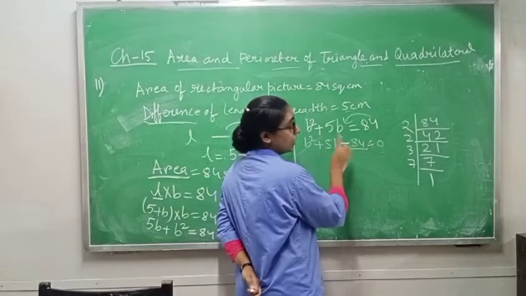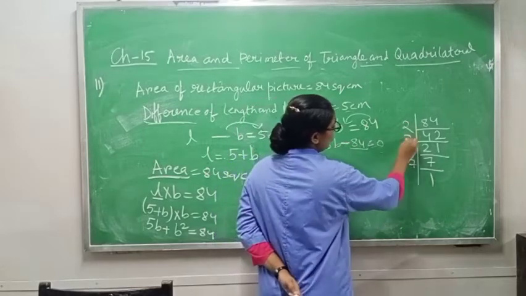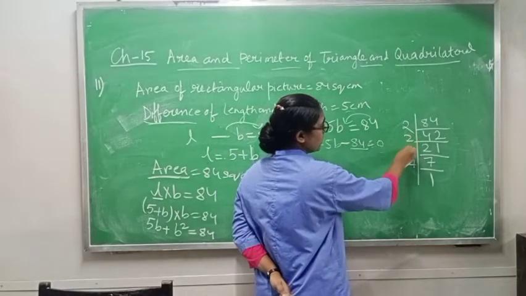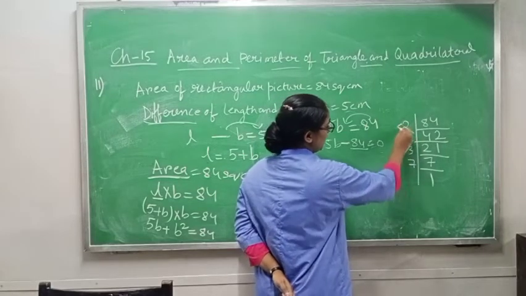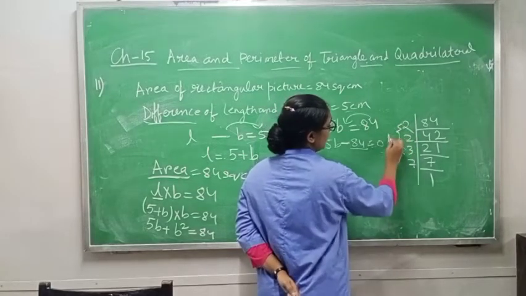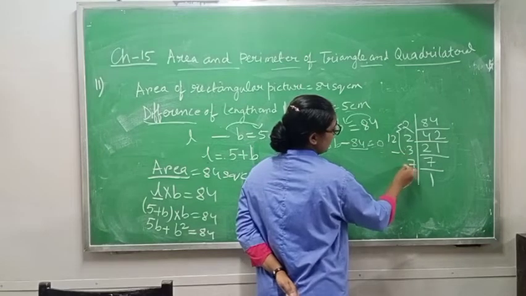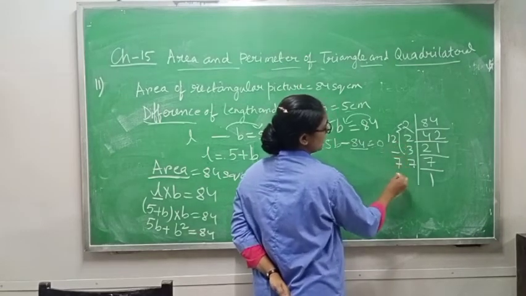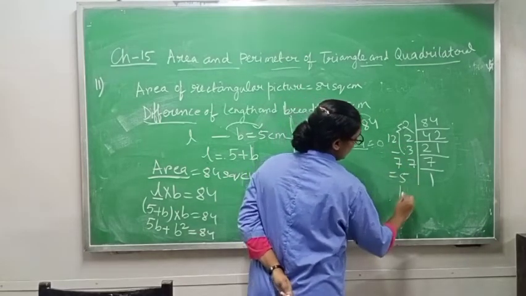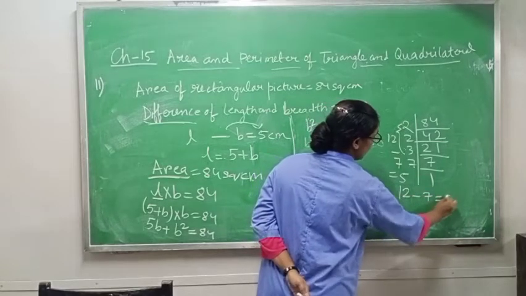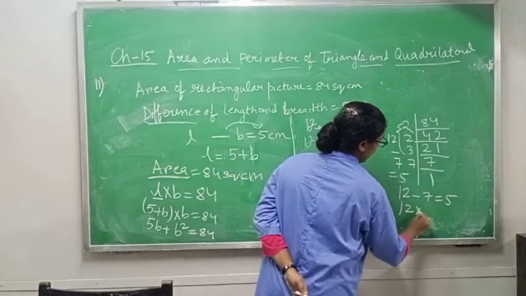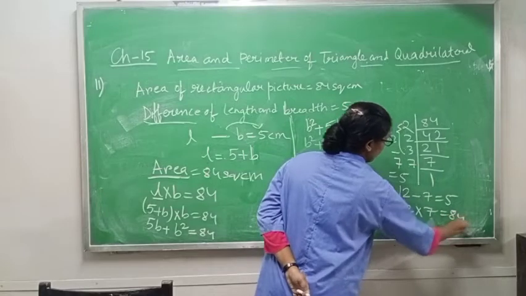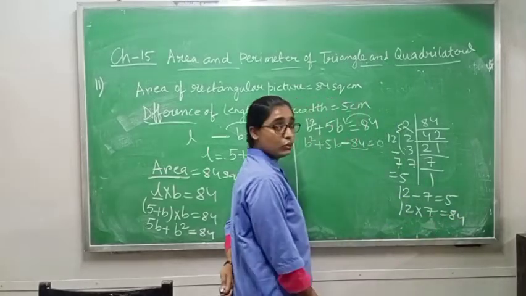Why minus 5? Because there is a minus sign. So 2 2s are 4, 4 3s are 12. When you multiply by this 3, you are getting 12. And here you have 7. So 12 minus 7, how much will you get? 5. And if you multiply 12 into 7 you will get 84.